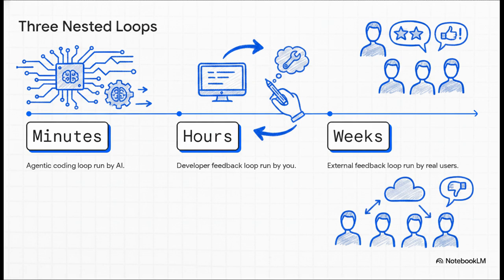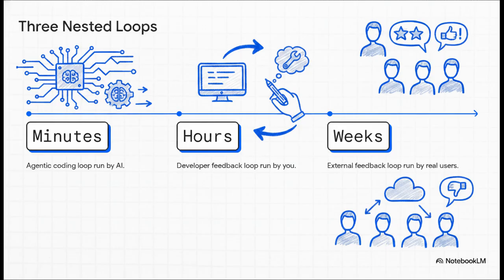This runs in seconds or minutes, driven by an AI constantly testing its own work against a spec. Second is the developer feedback loop, running in tens of minutes to hours, driven by you steering the agent and updating the rules. And finally, the external feedback loop, running in hours to weeks, driven by real customers and live production data.